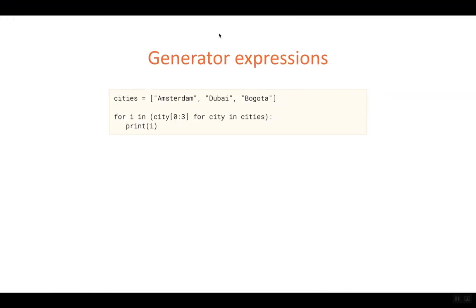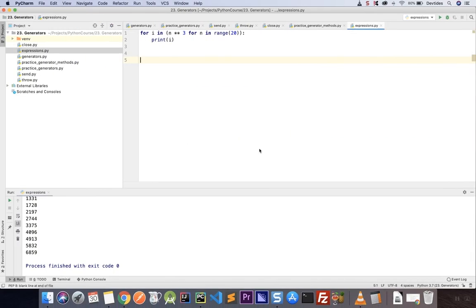All right, so let's take another example. We have our list of cities, and we want each city to be provided as only the first 3 characters. Okay, so we can put that in our code as well. So I'm going to say cities is going to be Amsterdam, then Dubai, and Bogota.